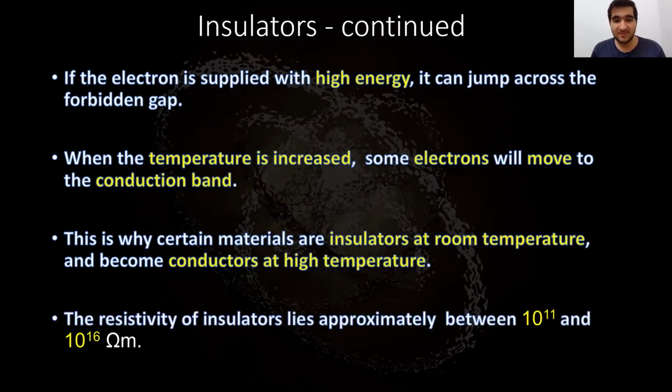The resistivity of insulators lies approximately between 10^11 and 10^16 ohm meters. That is a very huge number, and it means that if you want to make them conductive, we have to give them a lot of energy. The energy has to exceed this amount of resistance.